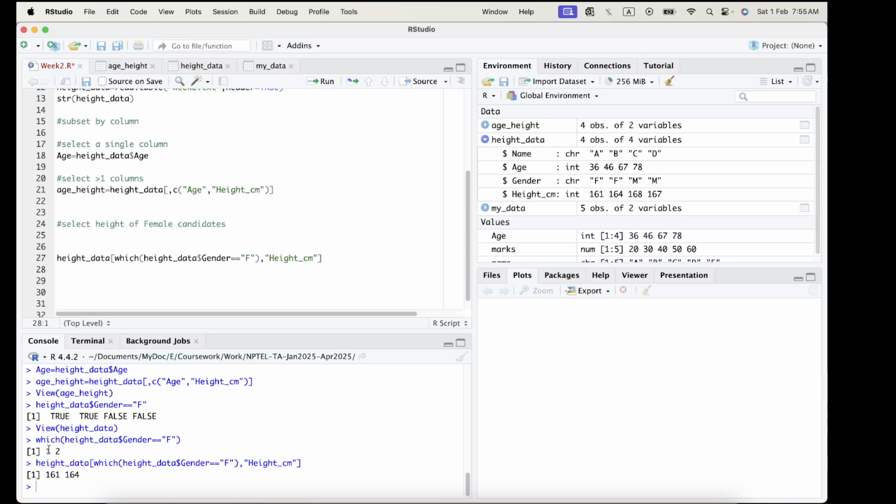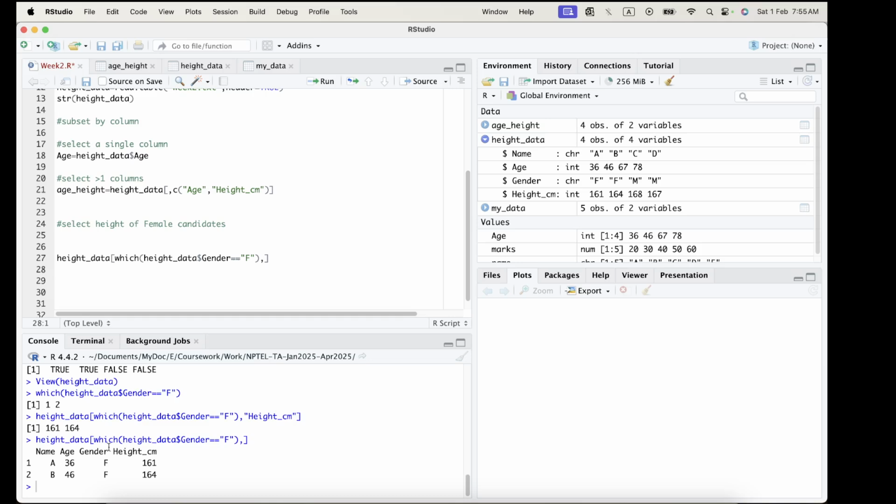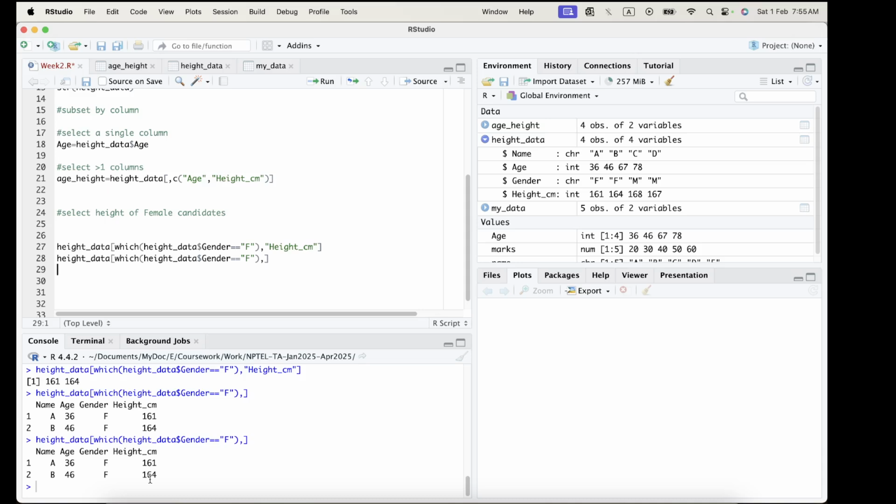So this is what I get now, 161 and 164. Now if let's say I want all the rows, all the columns corresponding to females, then I am not going to write anything. I'll just put a comma, and I'm going to get all the other variables associated with this female. Just a comma will give me all the other columns.